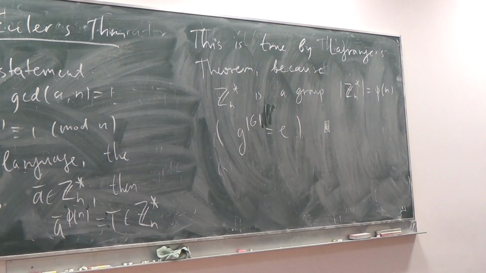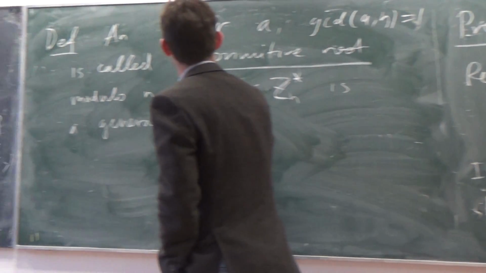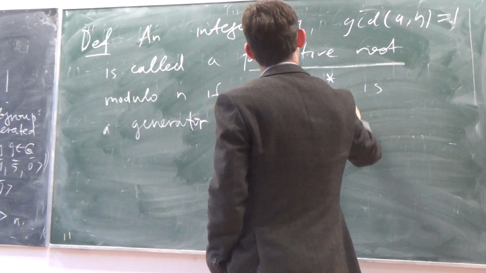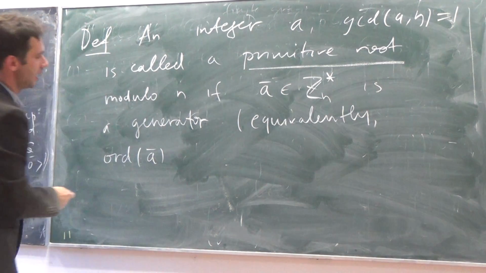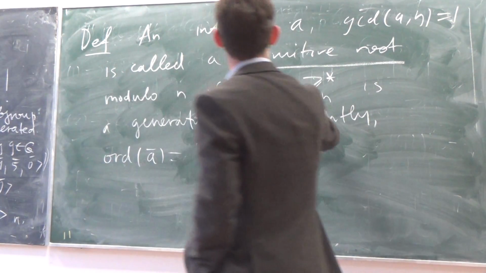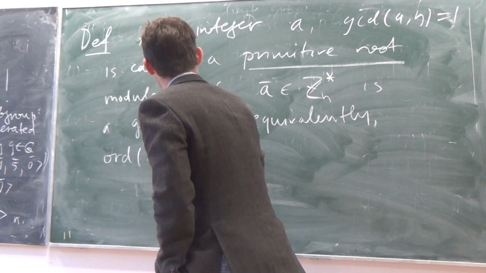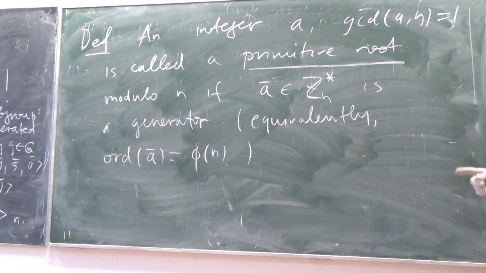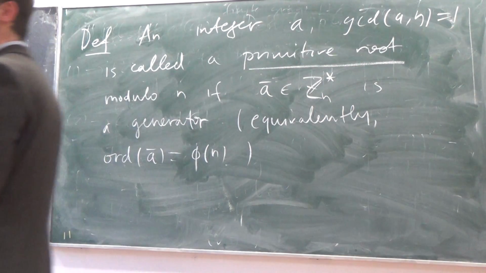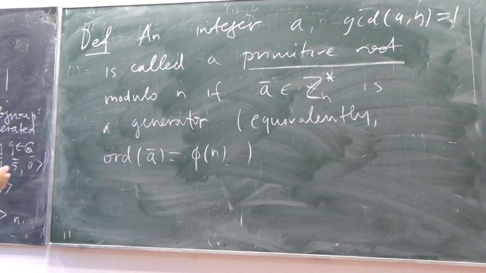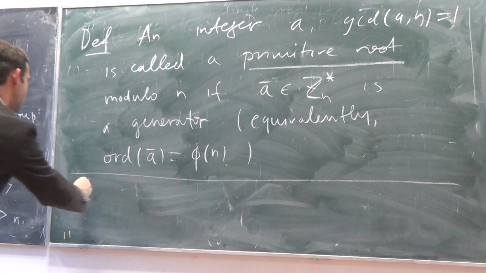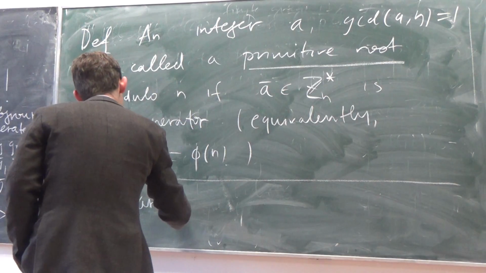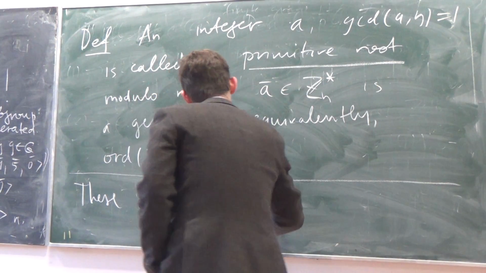Right, so how does it relate to the orders? I explained that an element is a generator, so equivalently we can ask the order of this element is equal to the order of the group. The order of the group is phi of n. So we are thinking about elements of maximal order. Yeah, informally, or actually quite formally, these are, okay, maybe let's put it in quotes, elements of maximal order.